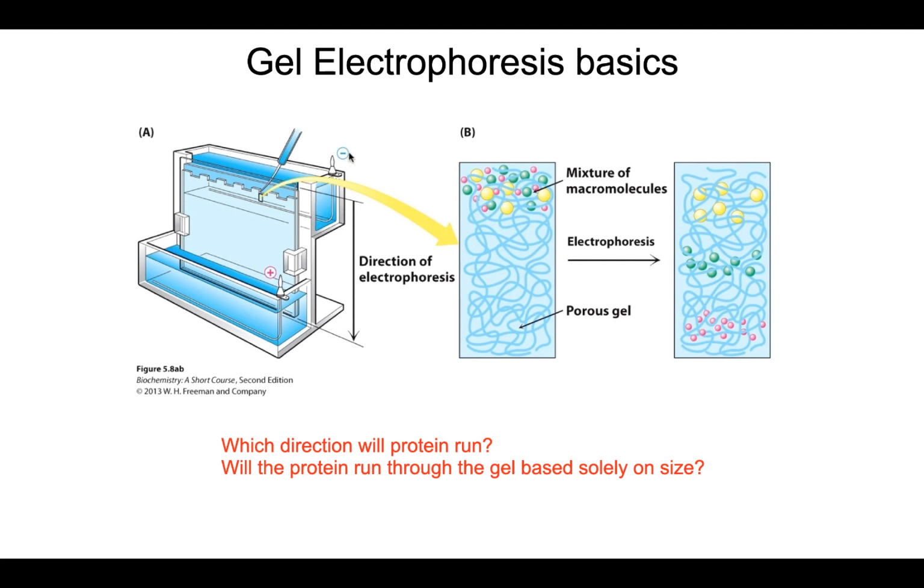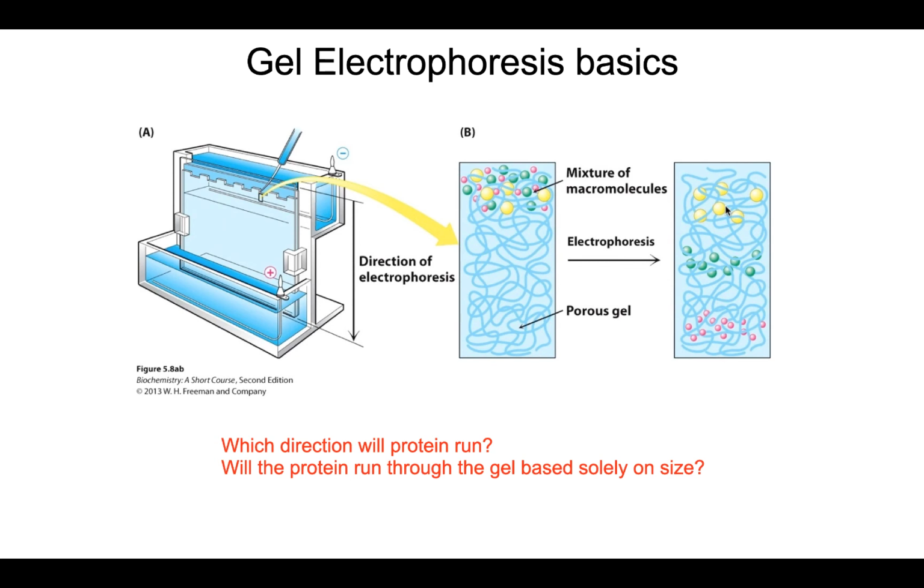And those molecules are going to run through that gel, through the pores of that gel, and they're going to separate based on their size. The smaller ones are going to run faster, and the larger ones are going slowly. And so there's something different about proteins when compared to DNA that we have to take into account when running electrophoresis.